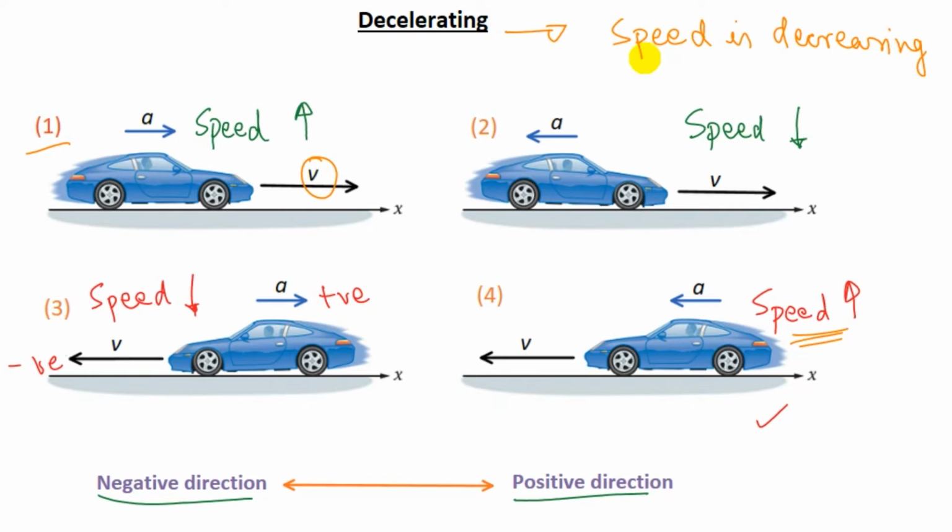It simply means that speed is decreasing. Like in case 3, you can see that the acceleration is positive, but the speed is decreasing. So this would be the case of decelerating. Here acceleration is positive, but it's a case of decelerating because the speed is decreasing.